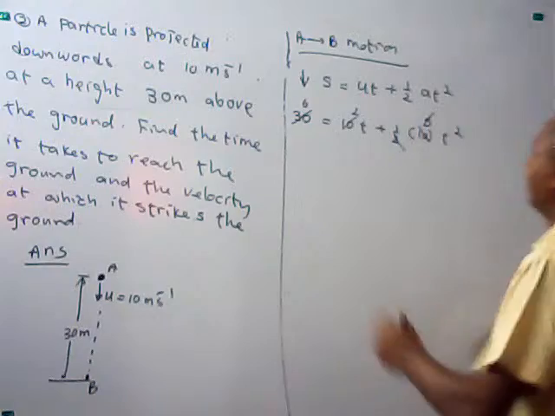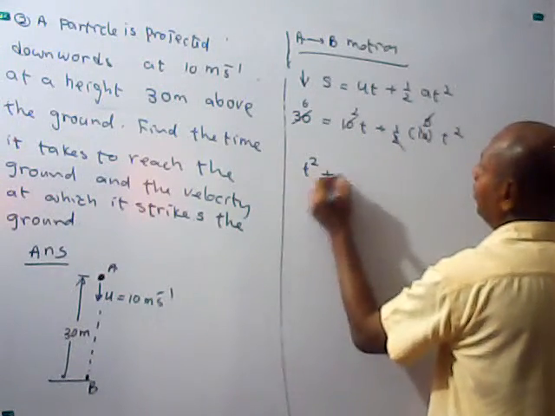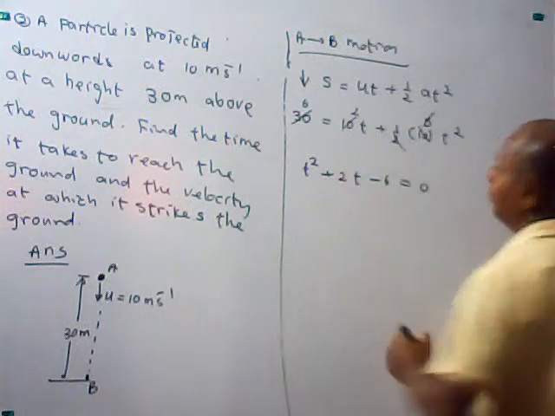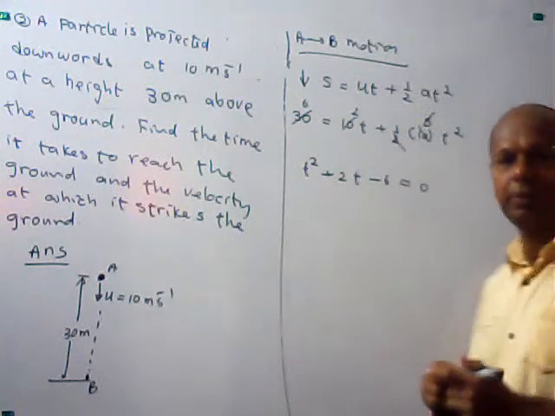Then a nice one comes, doesn't it? t squared plus 2t minus 6 equals 0. This is the equation. You get a quadratic equation this time.